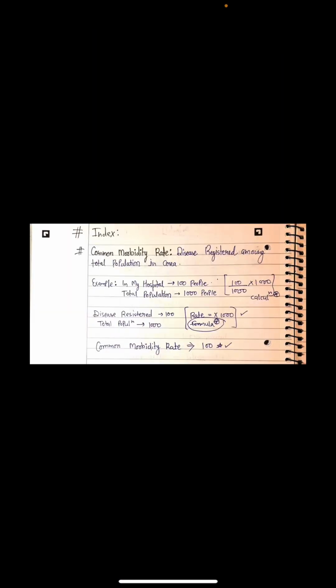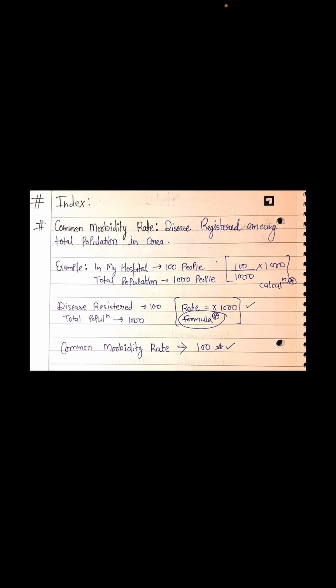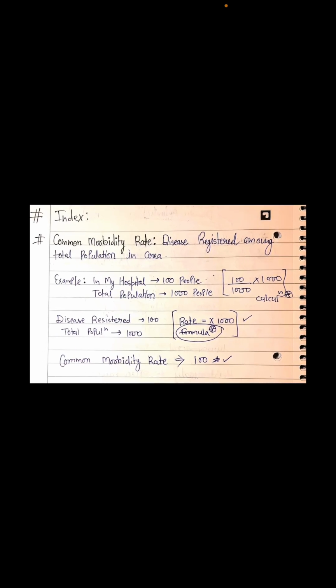The first thing which we need to know is about the index in social medicine. The first index is the common morbidity rate, which simply means the diseases registered among the total population in an area. For example, there are 100 people in my hospital, and the total population in the district, for example in Kiev, is 1000 people.